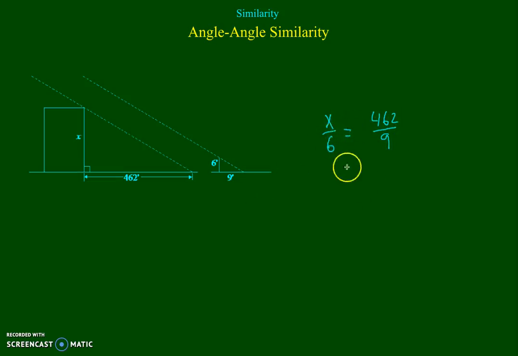We only have to solve for x, so we multiply by 6, x equals 462 times 6 over 9, and that's going to equal 308. So I hope that gives you an idea of how to use angle-angle similarity. So let's move on to the next idea.